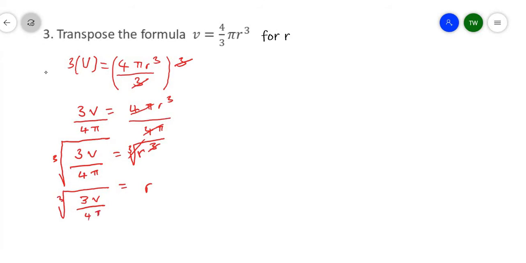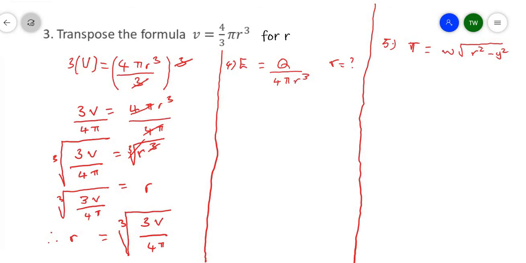So r is now the subject, and all I need to do to wrap up is just rewrite this statement, so that the subject is on the left. So you say therefore r is equal to the cube root of 3v all over 4 pi. And you are finished.